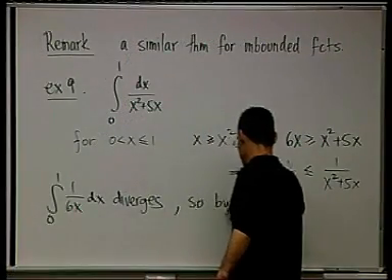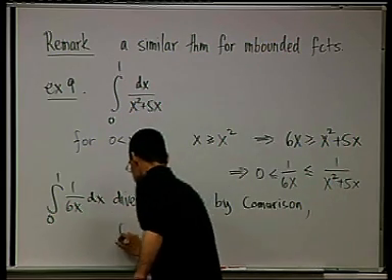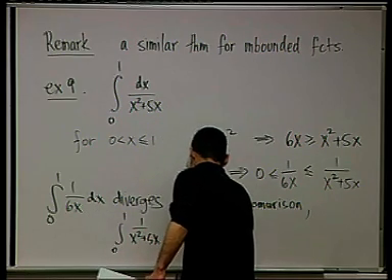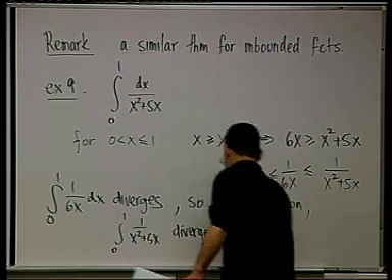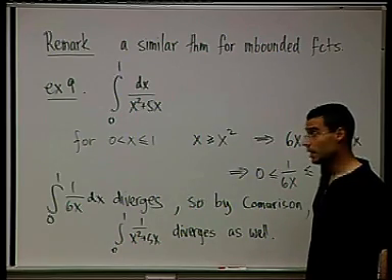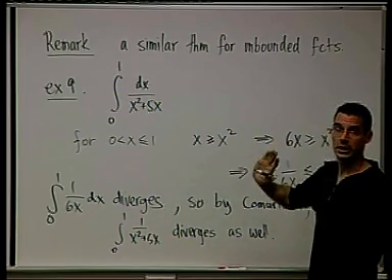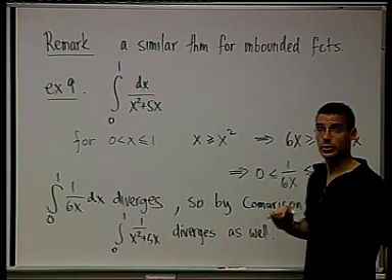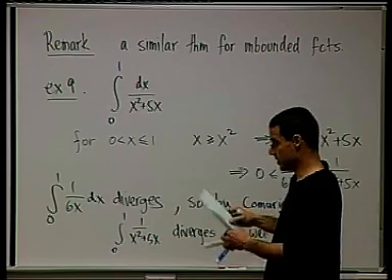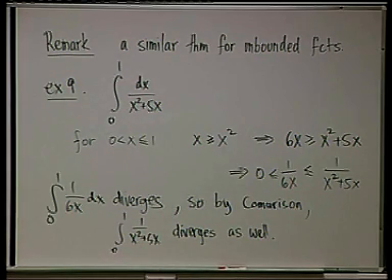So, by comparison, the integral from 0 to 1 of 1 over x squared plus 5x diverges as well. Clear? So this is the formal writing. The intuition is good, but it's not formal writing. You have to be careful with spelling out intuitions. Okay. Another version of the comparison test. Again, it has versions for both. So let me write it.